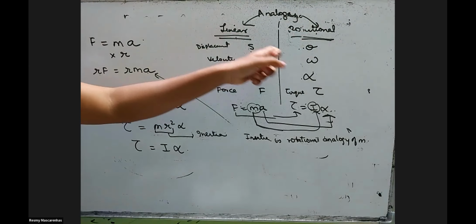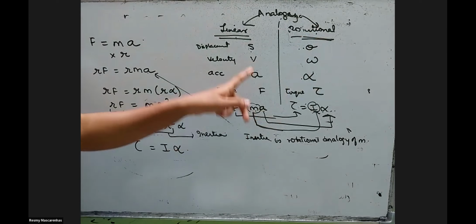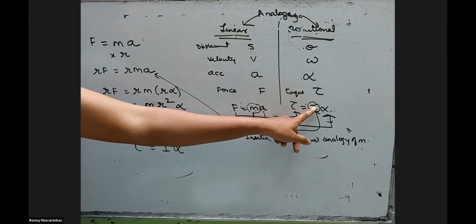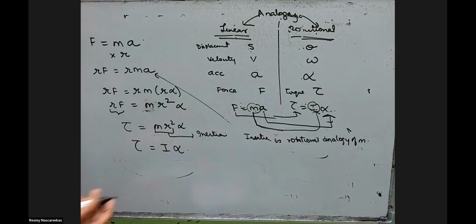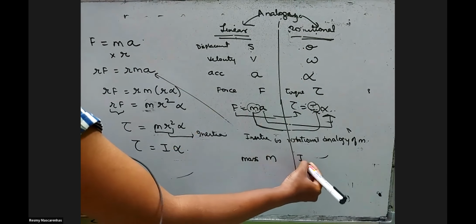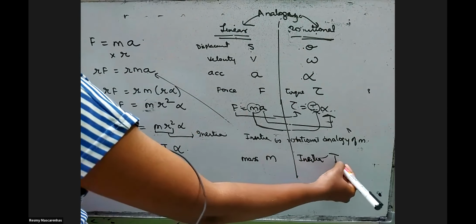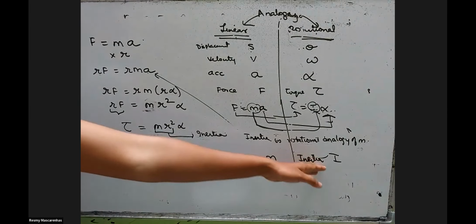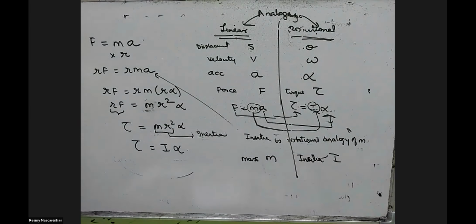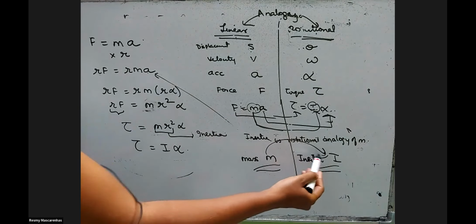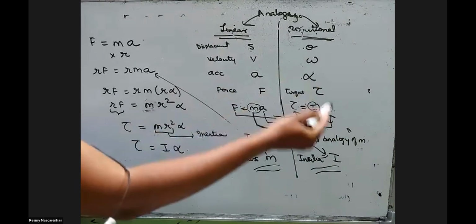Same way, this is acceleration for linear, alpha for rotational. So mass is for linear, and what is the equivalent of mass when you go into rotational? I. So mass m means inertia I in rotation. So this is the equivalent of this. Okay, this is important to know. So in linear it is mass, in rotational it is called inertia.